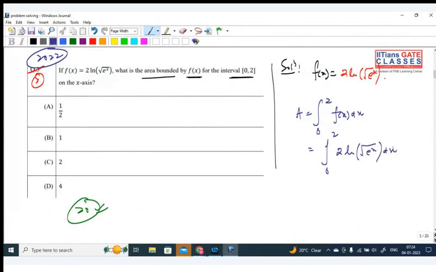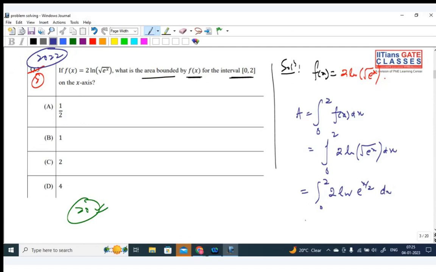Now you can write this as integral from 0 to 2 of 2 ln e raised to power x by 2, dx. I believe this can be written like this.